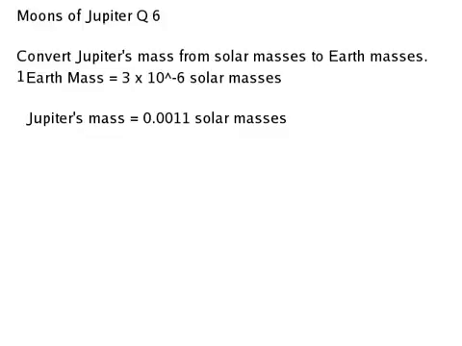In our conversion factor, we want to replace the solar masses with Earth masses. So that means we want to put the unit of Earth masses in the numerator and then divide by the number in solar masses. So 3 times 10 to the negative 6 solar masses.